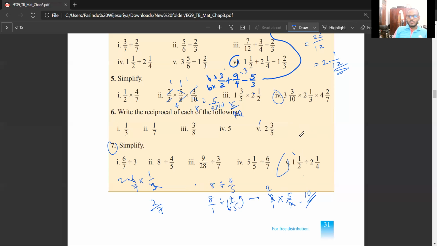Question number 5. So here you can write it as 1 times 2 is 2 plus 1 is 3 over 2, divided by 2 times 4 is 8 plus 9 over 4.